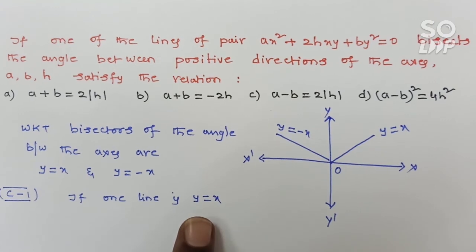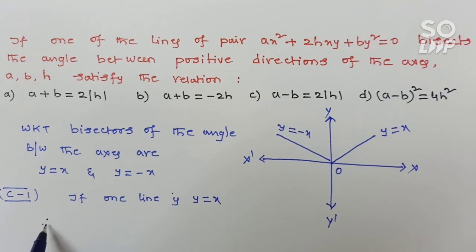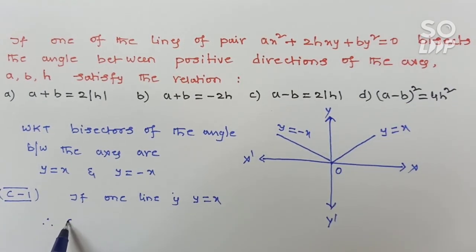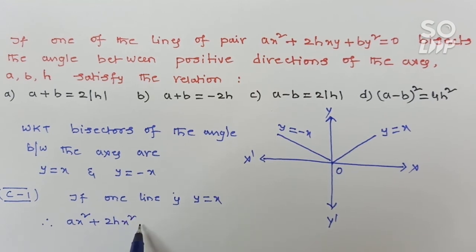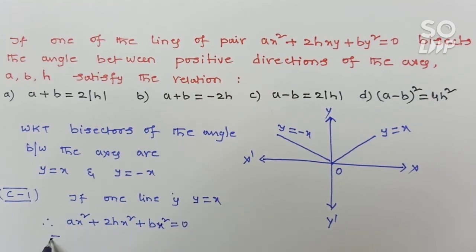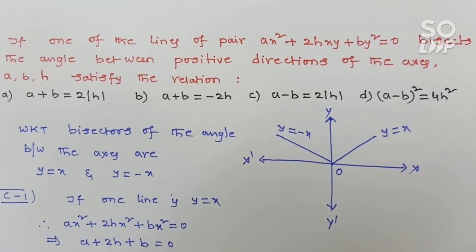Factor means this equation will satisfy it. So now you replace y with x in this one: a into x square plus 2h into x square plus b into x square is equal to 0. Dividing by x square, a plus 2h plus b is equal to 0.